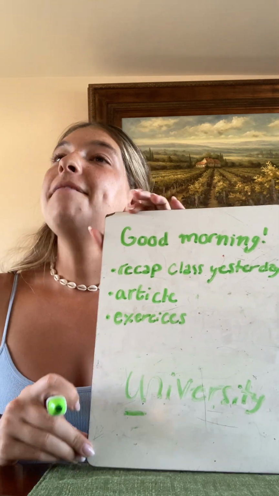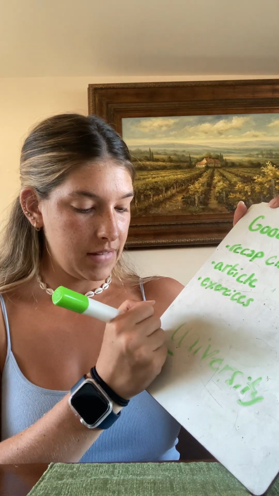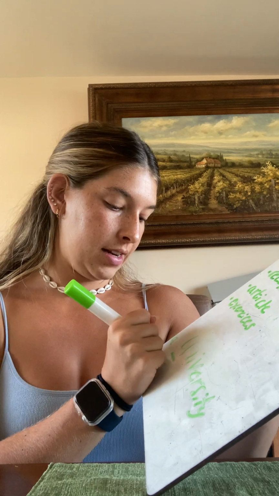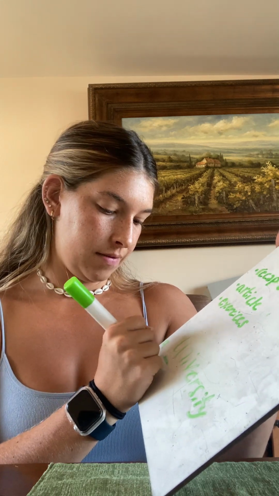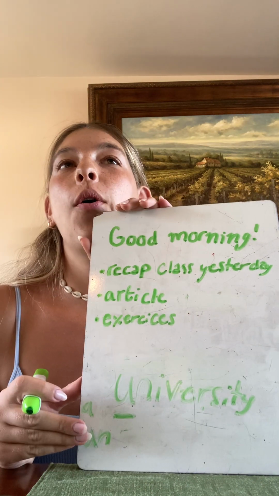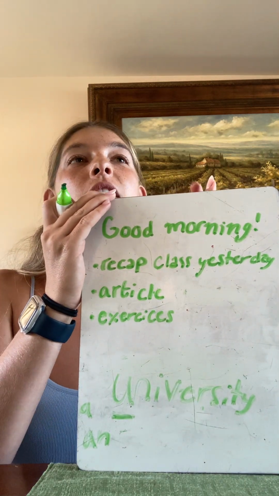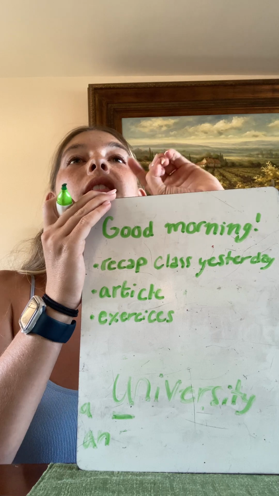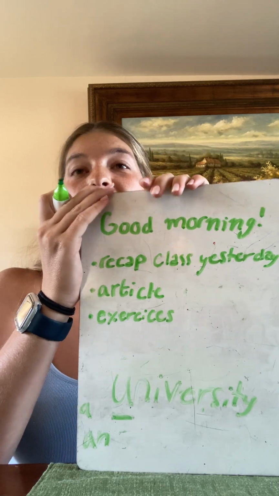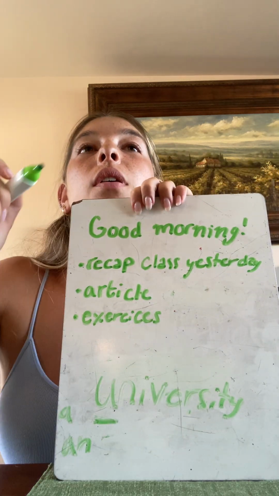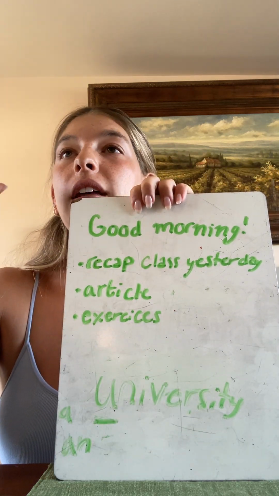So you would say "a", and you would say "an". So who thinks that it's "a"? Raise your hand. 1, 2, 3, 4, 5, 6, 7, 8. And who thinks it's "an"? 1, 2, 3, 4, 5, 6, 7, 8, 9, 10, 11.